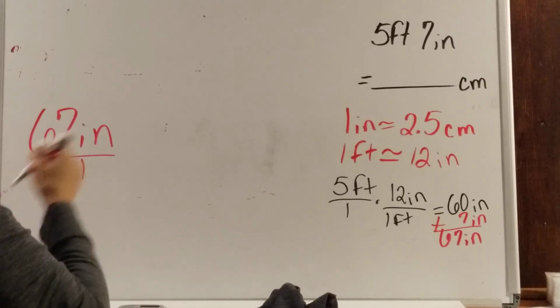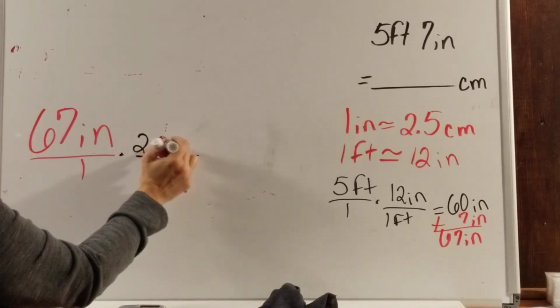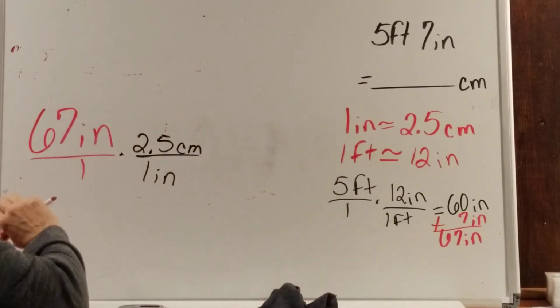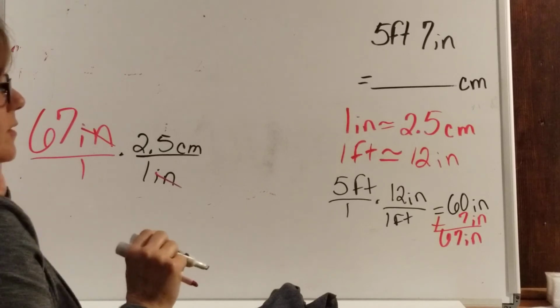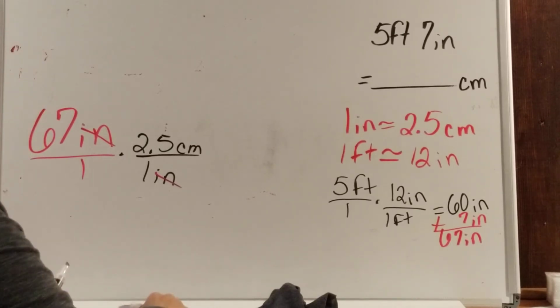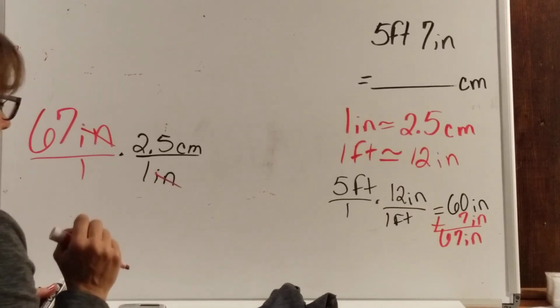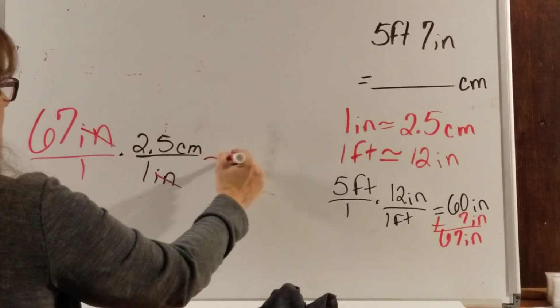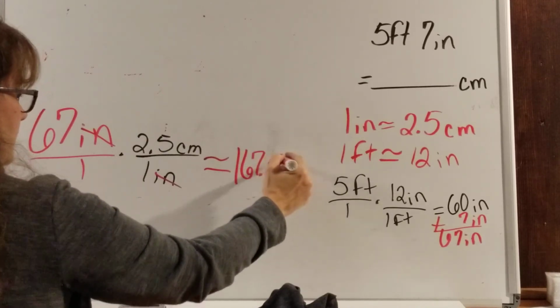And we said that for every 1 inch, it's 2.5 centimeters. We want the inches to reduce, and it did. 67 times 2.5 is approximately 167.5 centimeters.